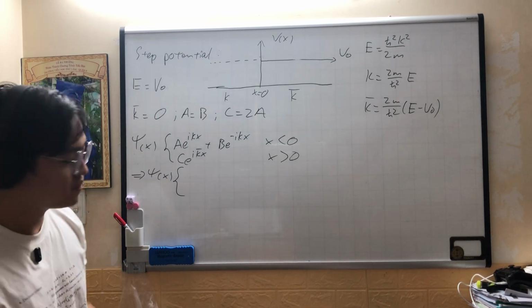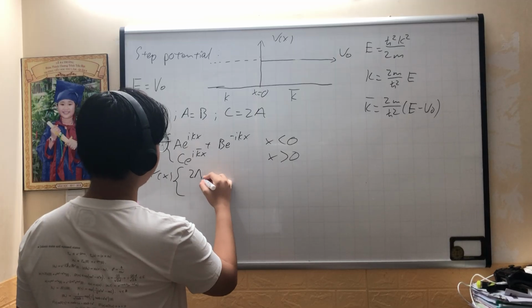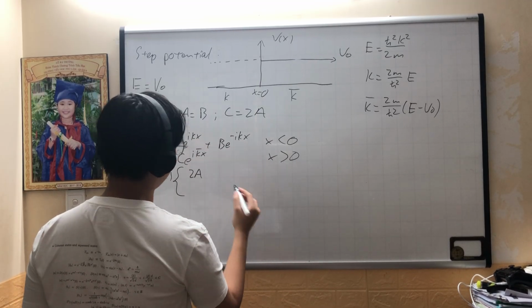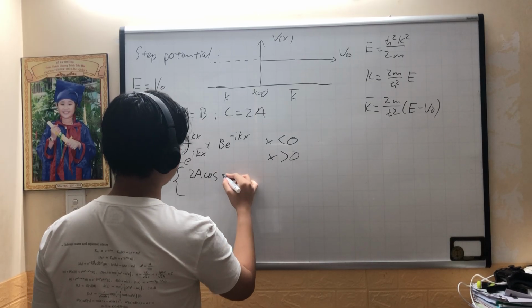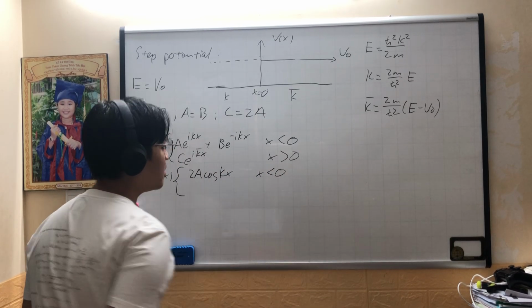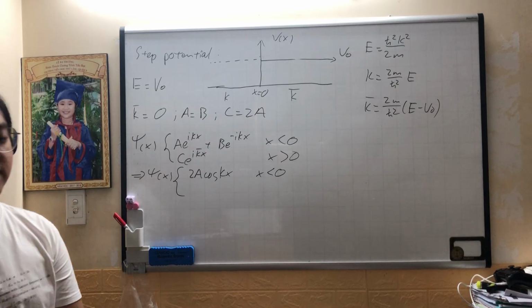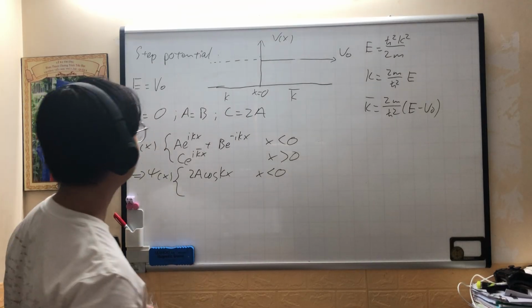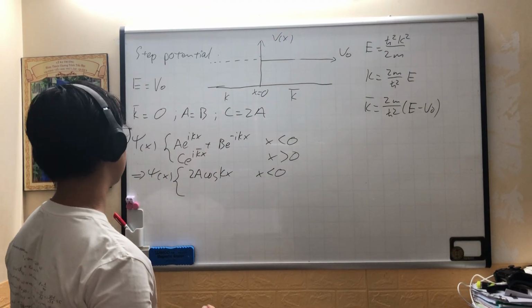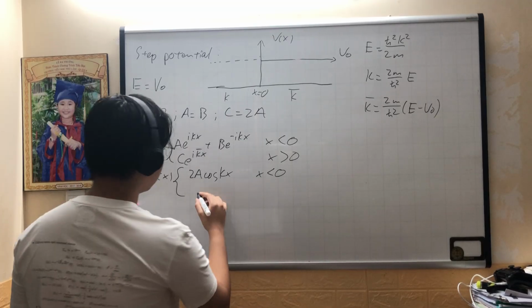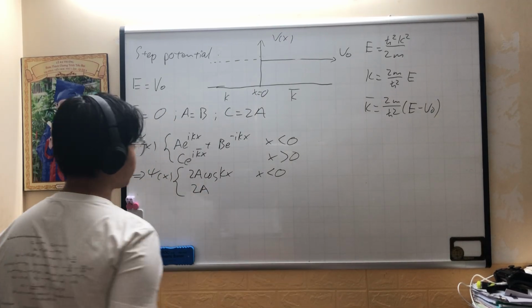So this would be 2A cosine kx when x is less than 0. Next is C. K tilde here is already 0, so we're only left with C, which is 2A.